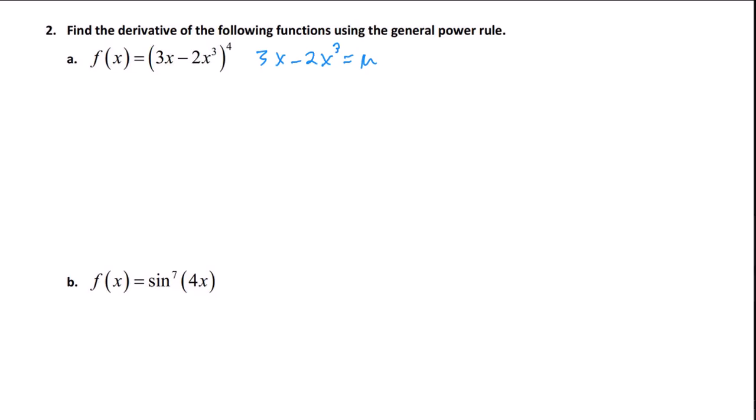Well, what's the derivative of u? 3 minus 6x squared. So let's see where this leads us. I've got function of u equals, now we're taking something to the 4th power. Well, that something is our u.